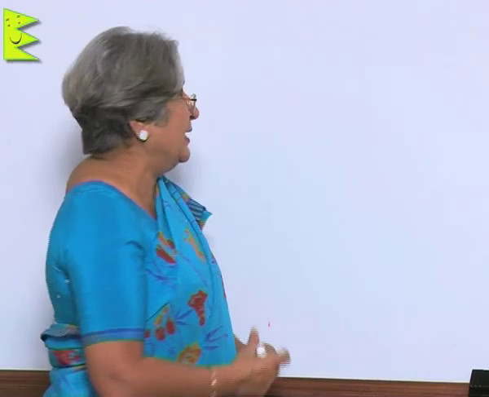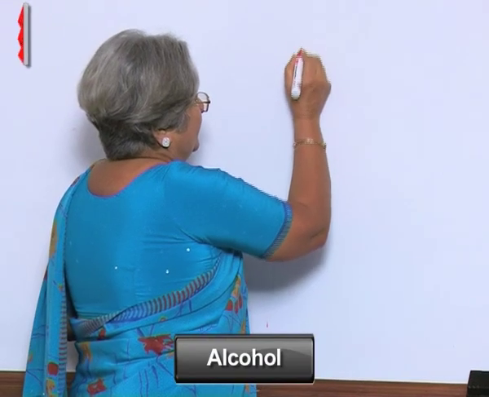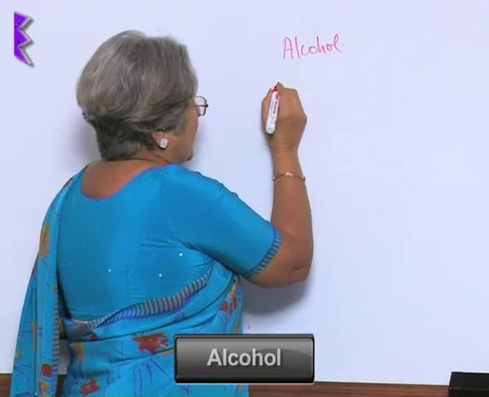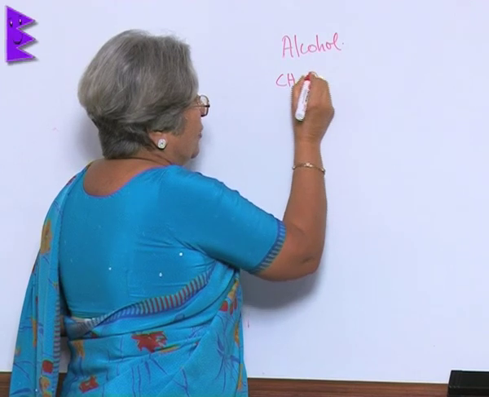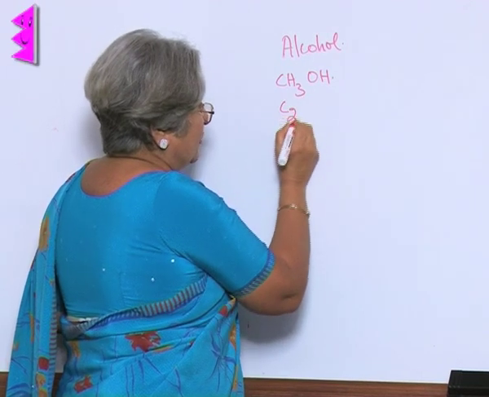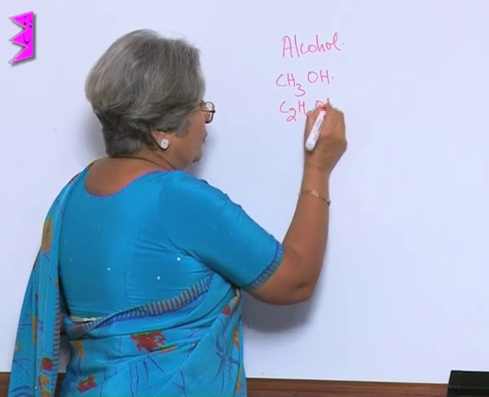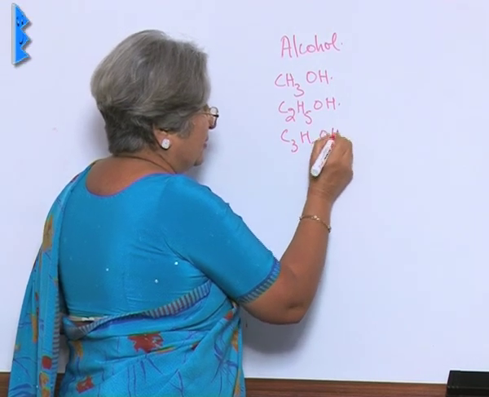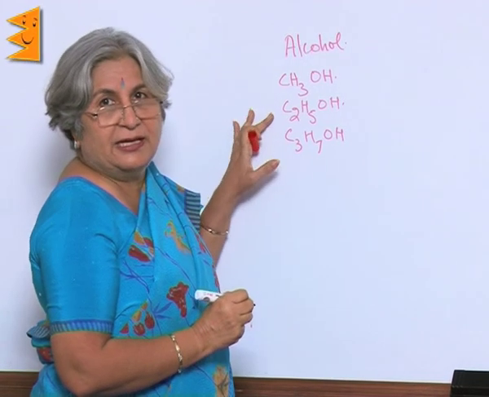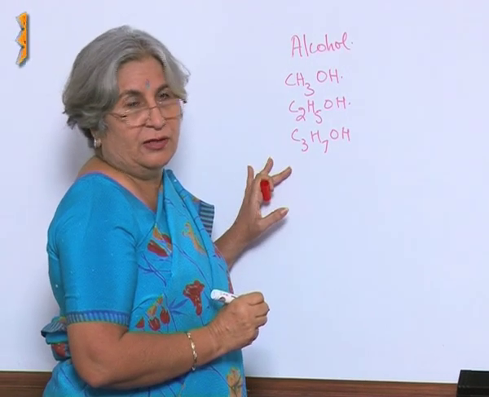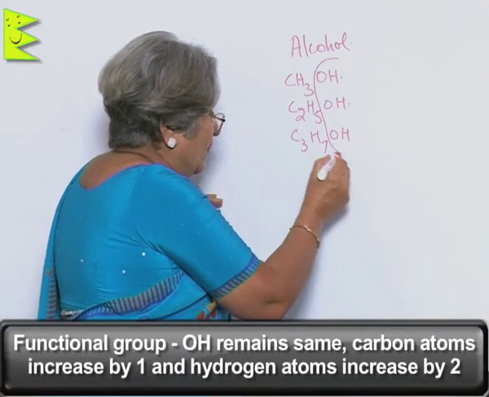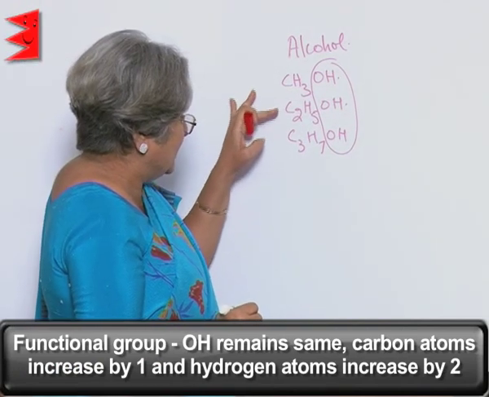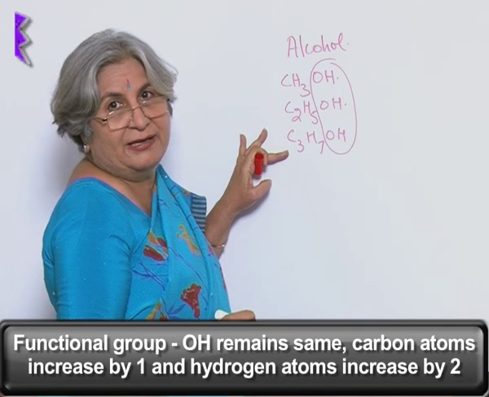Now for example, if we take the case of alcohol, there is methyl alcohol CH3OH, then there is ethyl alcohol C2H5OH, then there is C3H7OH. This is methyl alcohol, ethyl alcohol and propyl alcohol. This functional group is the same, but the number of carbon atoms are increasing, one every time.